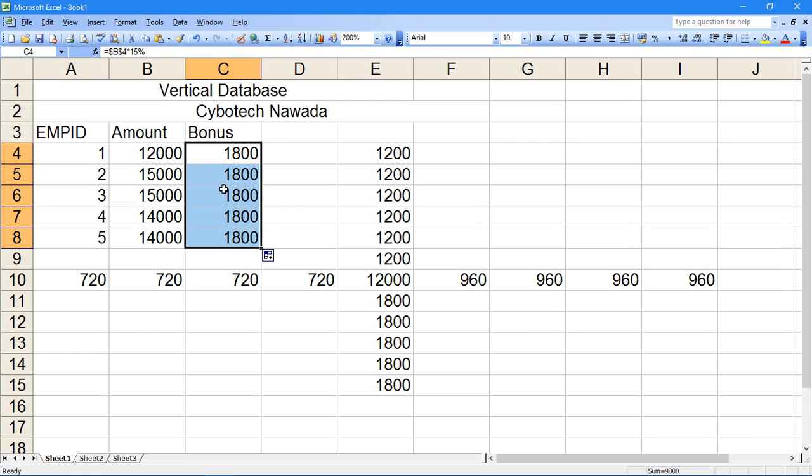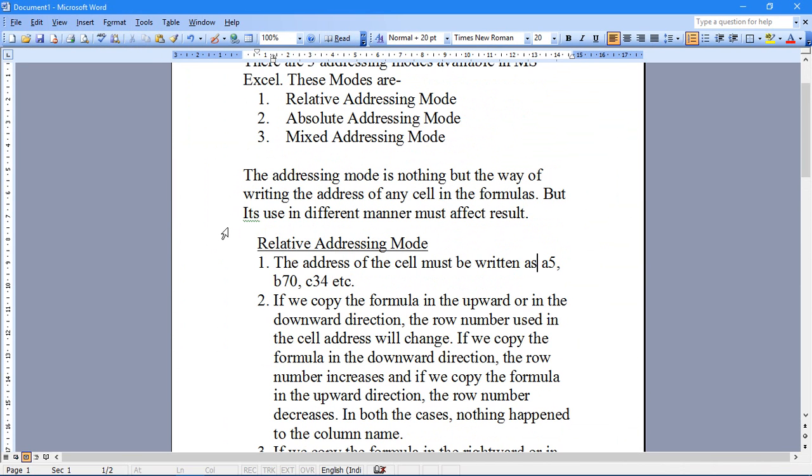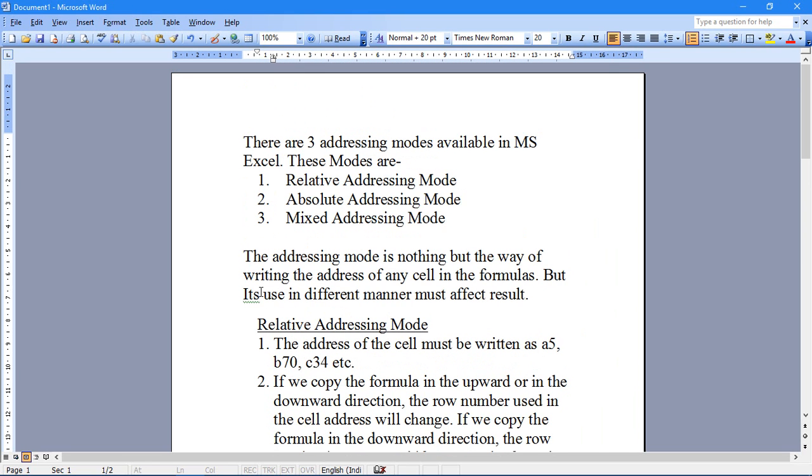There is a certain kind of use where the absolute addressing mode is used. In most of the cases, the relative addressing mode is used, but actually there are three modes. Excel gives us three modes of writing the cell address.